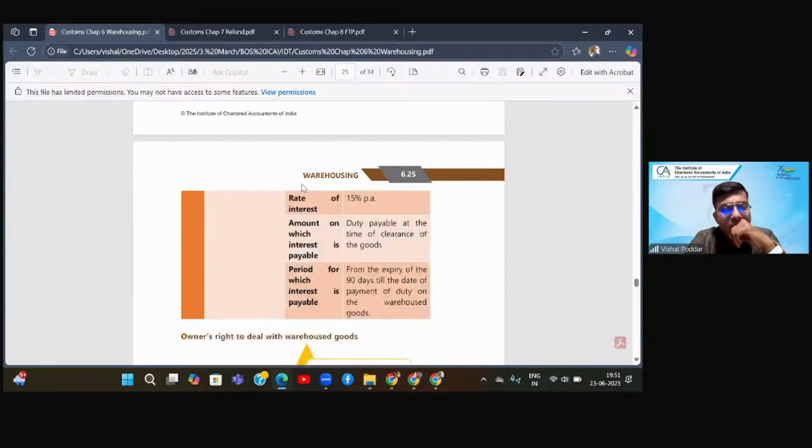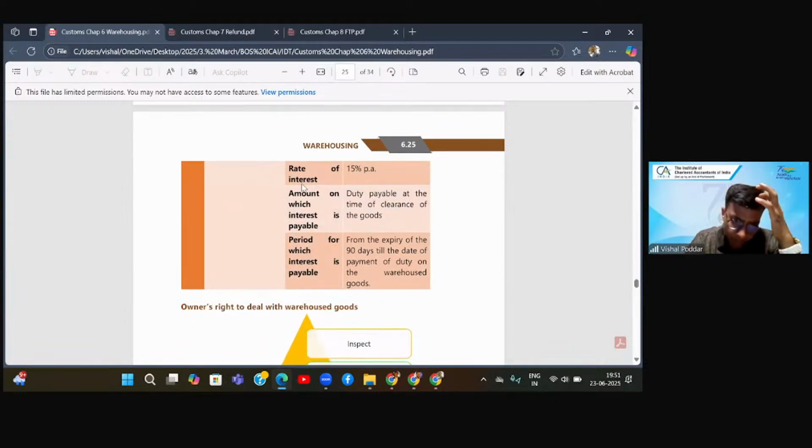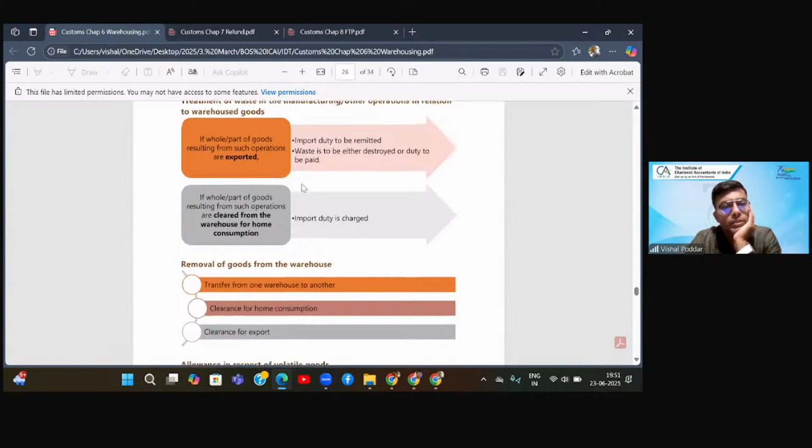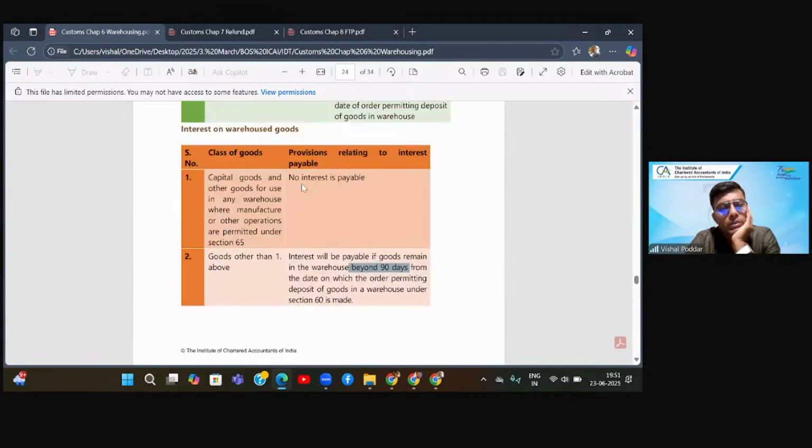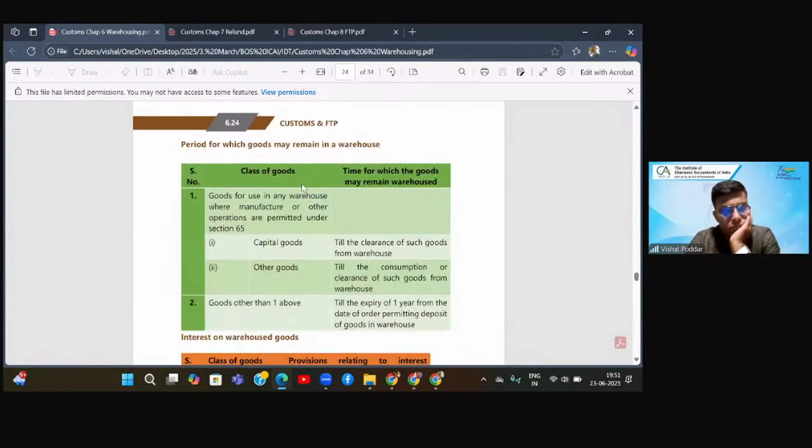Here, sir, we need to pay duty on the waste as well. Correct. My question is that we are allowed to store up to 1 year, 90 days, and beyond 90 days we need to pay 15% interest. That is okay. My question is that now goods are at the warehouse, can we do some manufacturing activity there before payment of duty?